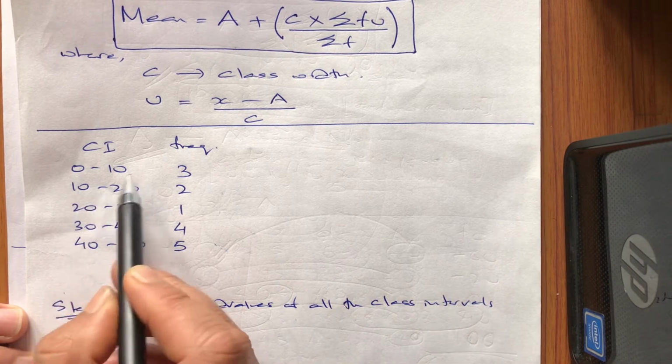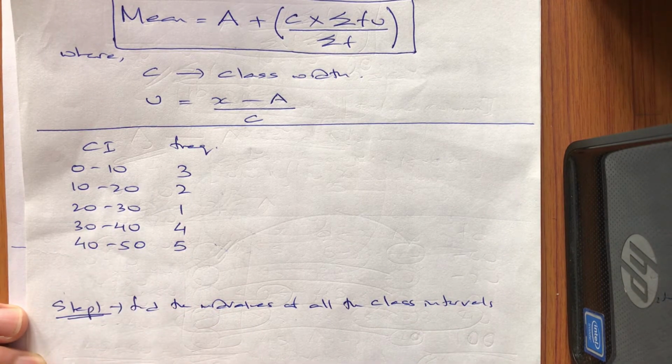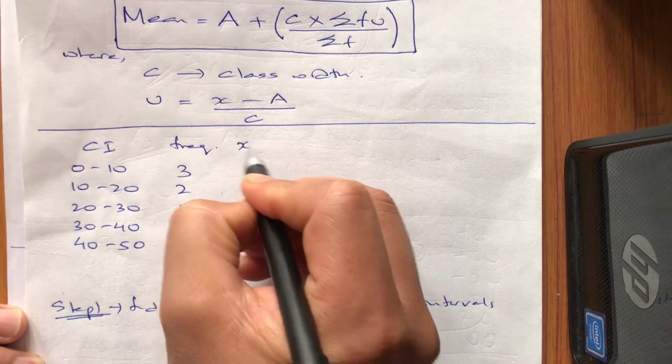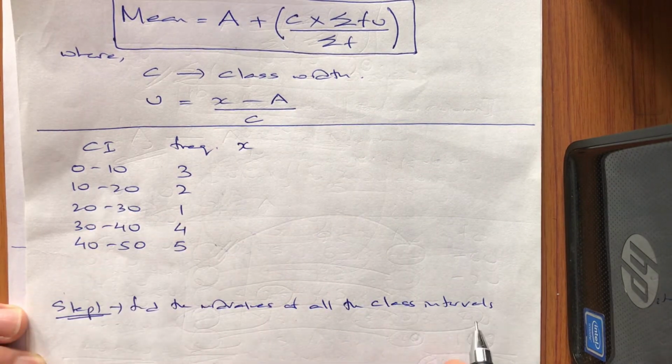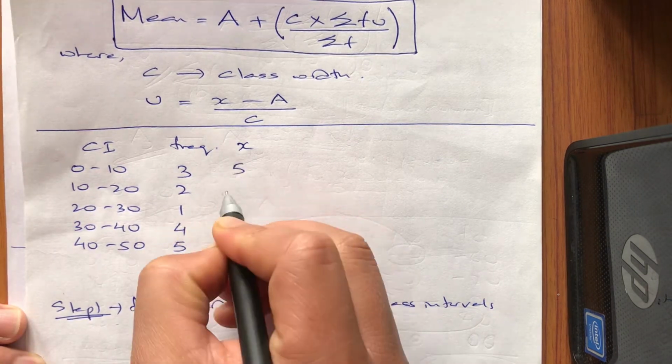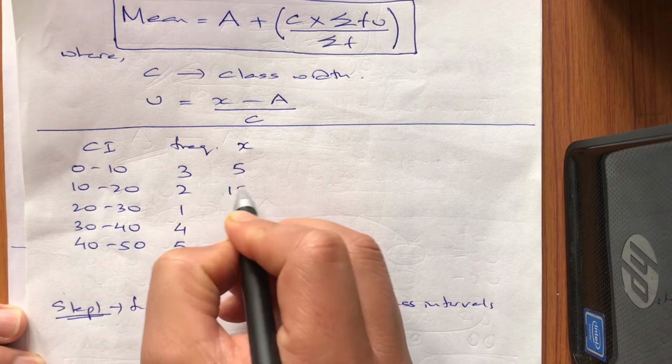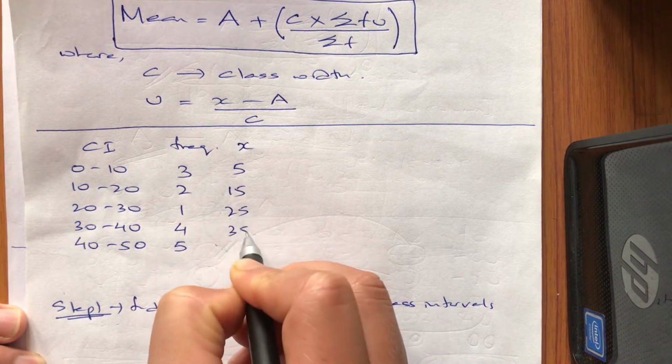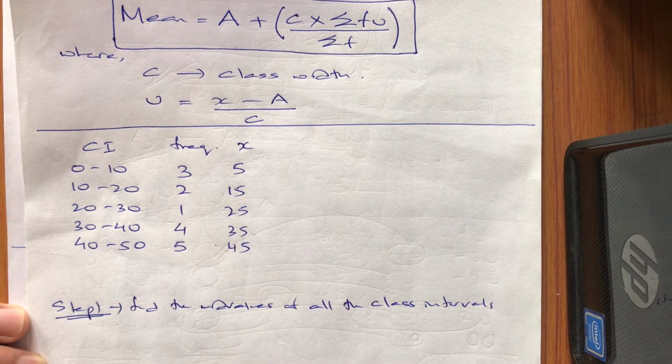You have 5 class intervals. Mid values are called x. How do you find the mid values? We add the two ends and divide by 2. We get 5, 15, 25, 35, 45. Those are my mid values.